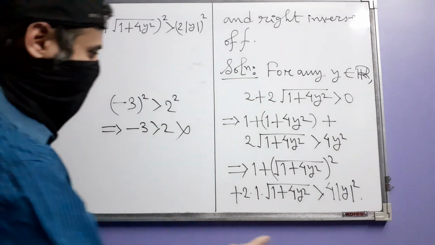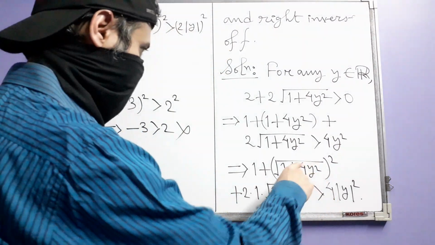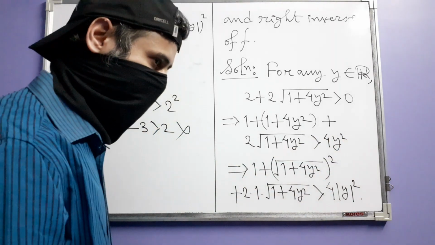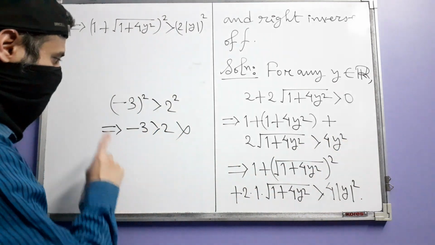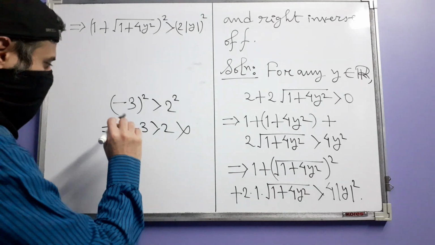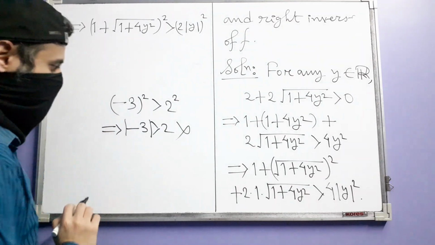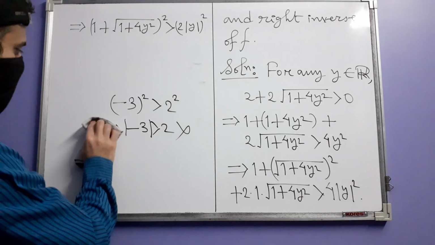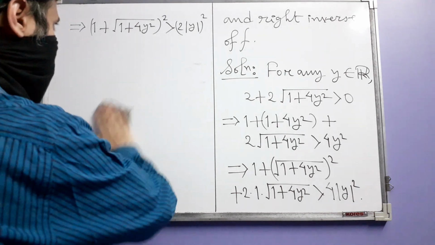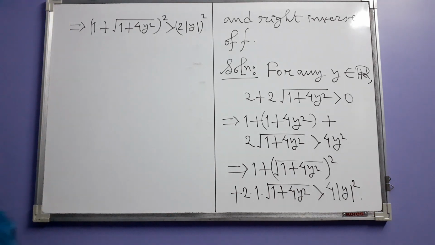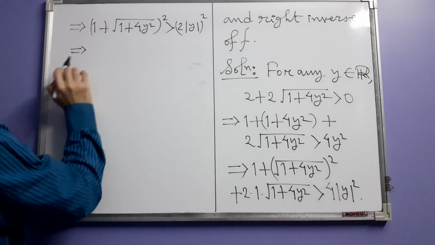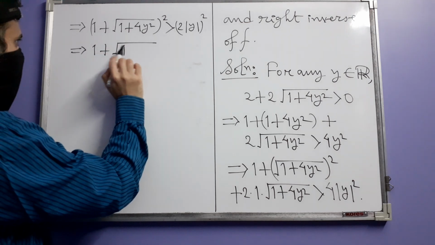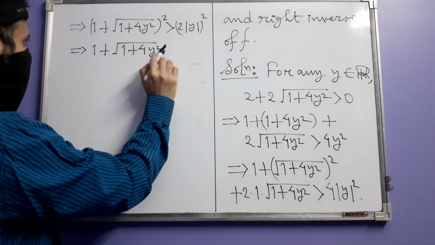And that is why we have written mod y here, and we are not just simply blindly going to lift this square and write y. That would be wrong. Here also, if someone writes this instead, then it will be okay. Okay, so now we can lift the squares and have this.